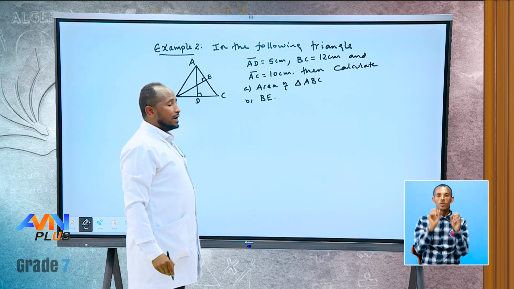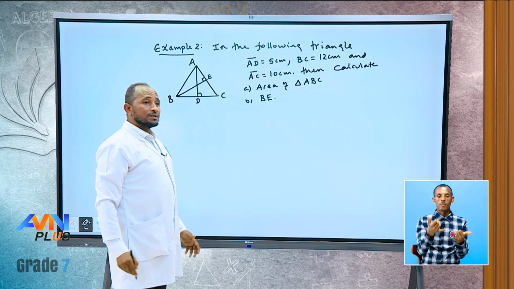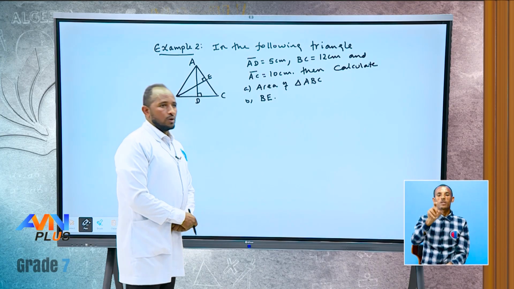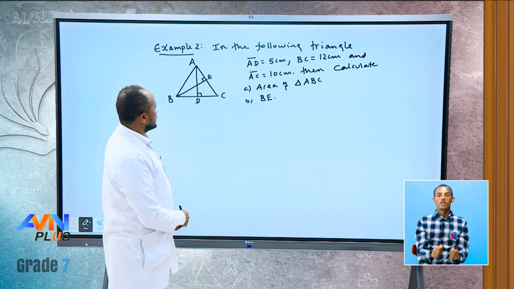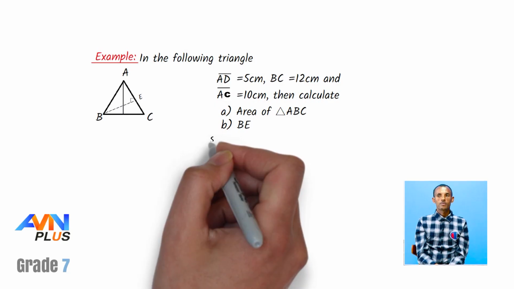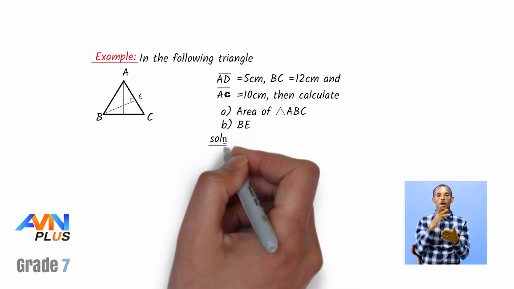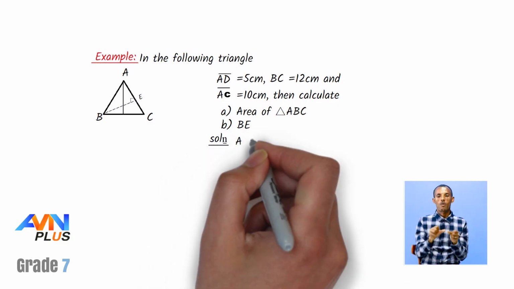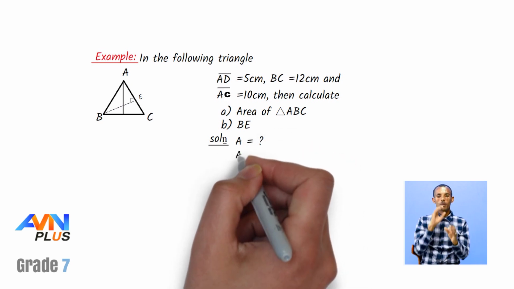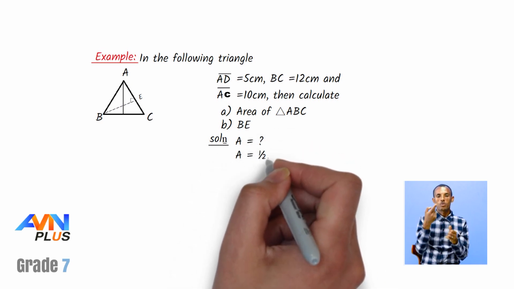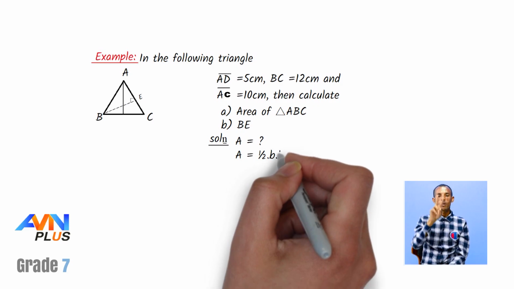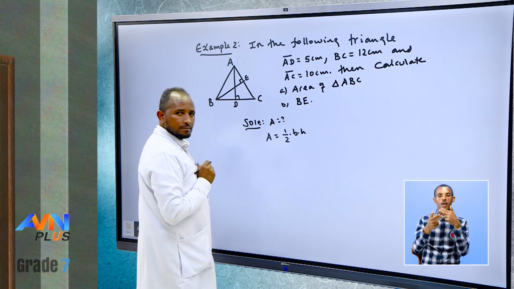Okay, now let's try this question together. Look, here we are asked to calculate the area of the triangle. To calculate the area, we use this equation, half times base times height.